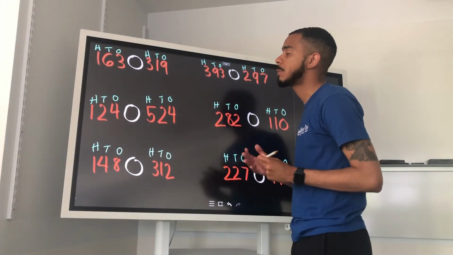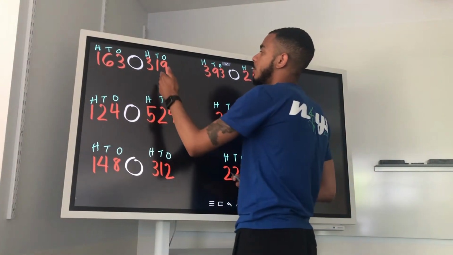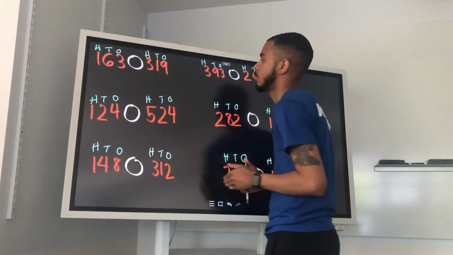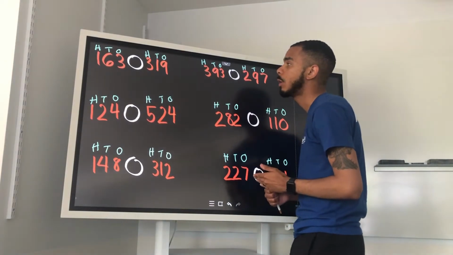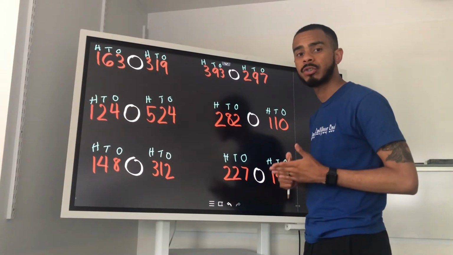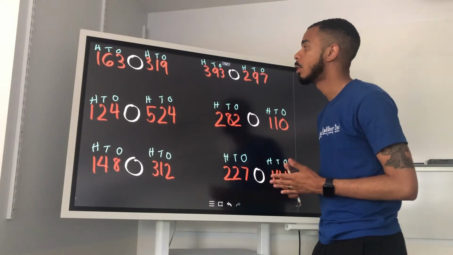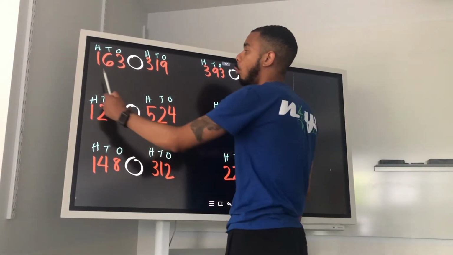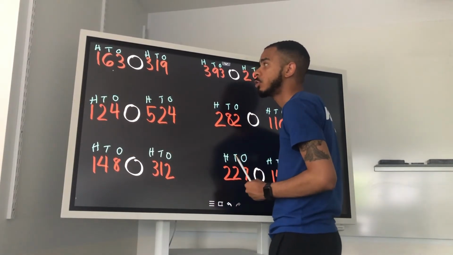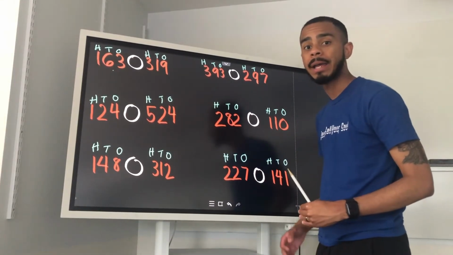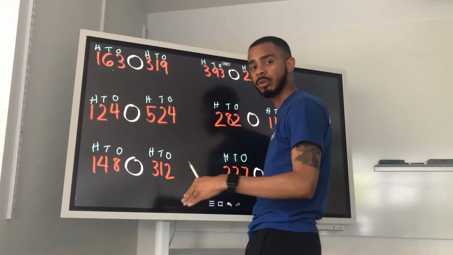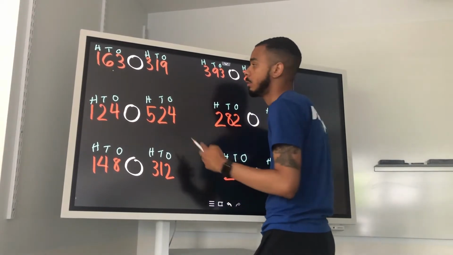So that lets me know that there's more hundreds in 319 than there is in 163. So 319 is greater than 163, which means 163 is less than 319. Why? Because 163 has less hundreds than 319.